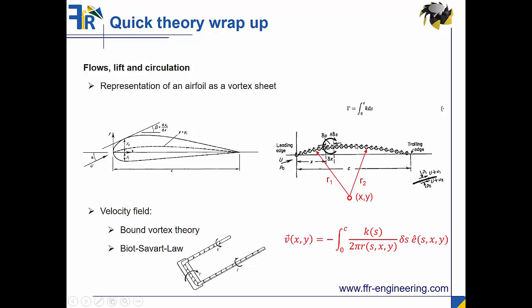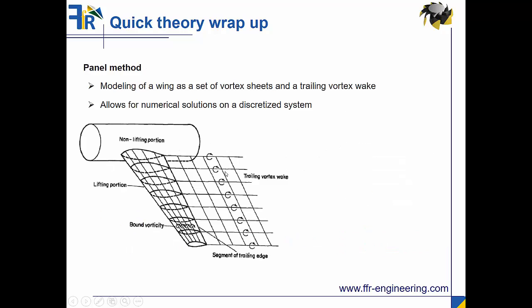Here is the coordinate system on this camber line, and here you have the delta S, and also a direction vector. You have to think of the right-hand rule. If you have vortices there, the direction they induce at the point of observation can be determined by the right-hand rule, and of course this also depends on the position of the vortices you look at and the position of the point of observation. This one is quite important for the following theory.